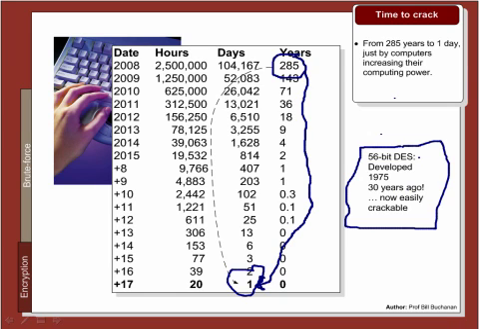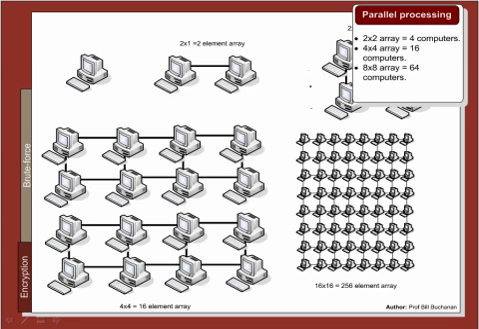So we can see that computer systems have improved greatly since then. So we can see here that we're only actually taking 20 hours to decrypt what took us 285 years. Along with this, encryption is one of the most scalable applications when it comes to parallel processing.